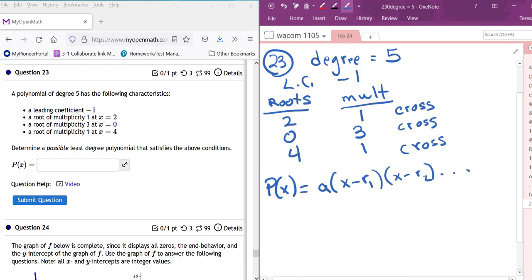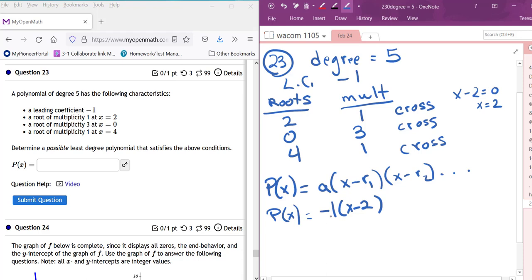Okay? So for our polynomial, on this one they gave us the leading coefficient. So this is a -1, or you can put just negative. All right? For your roots here, if we have 2, that came from x minus 2, because you would set x minus 2 equal to 0, and you would add, and so you get 2 from x minus 2. Right? You get 0 from a plain x.